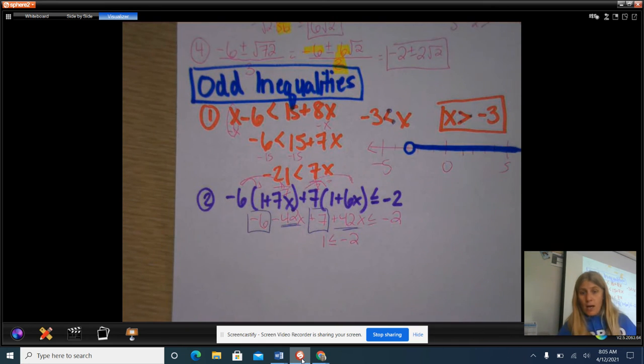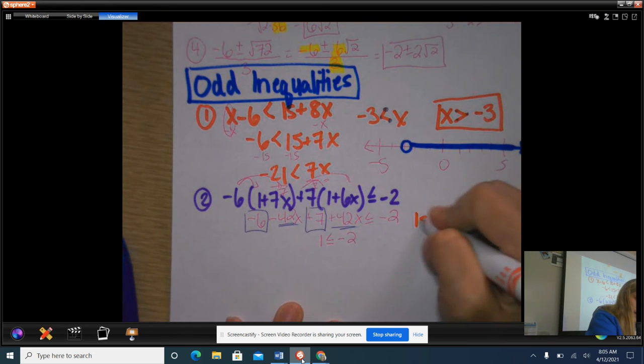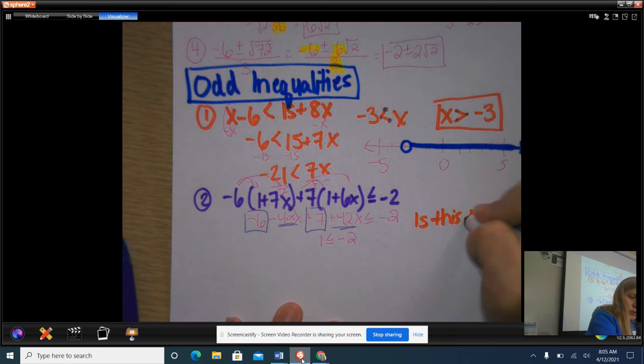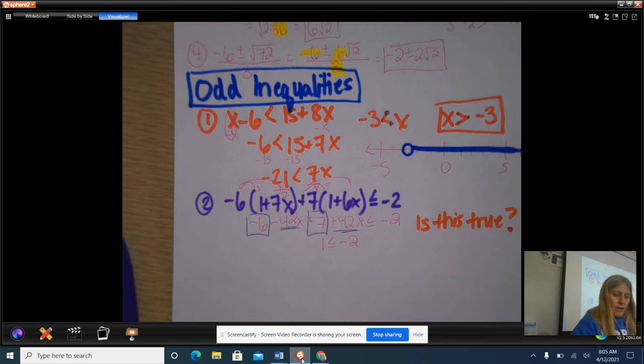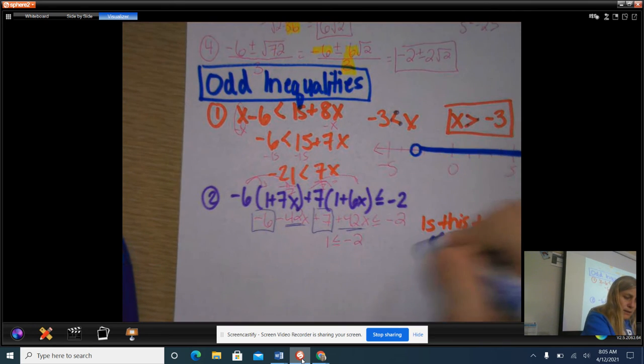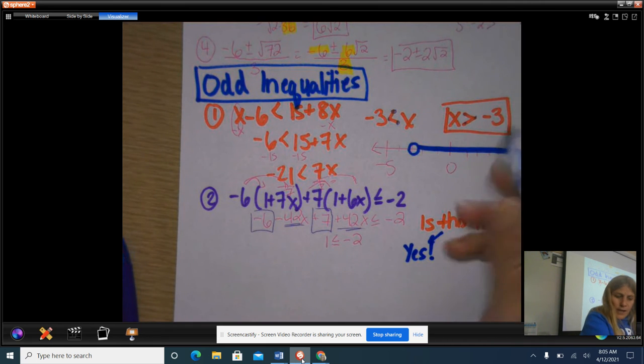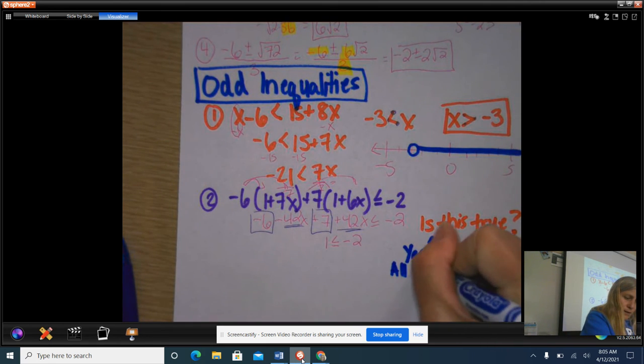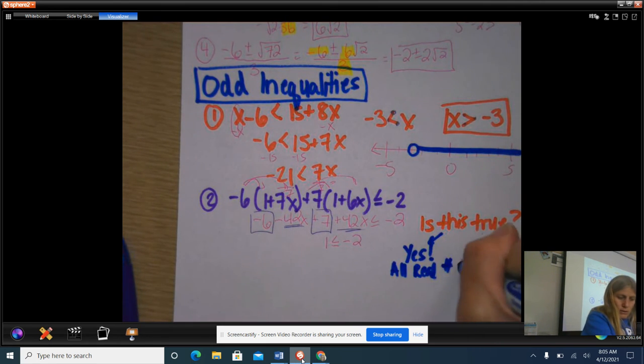Now, it's odd because my variable has disappeared. When my variable has disappeared, I ask myself the question, is this true? If your answer is yes, this is a true statement, then your answer is all real numbers.